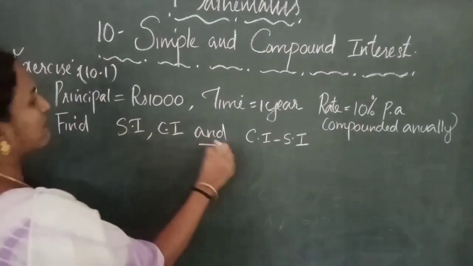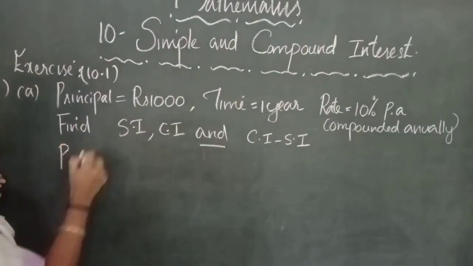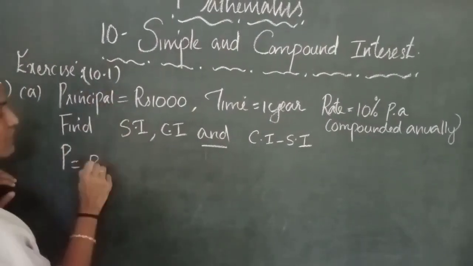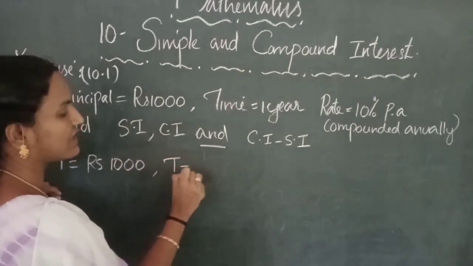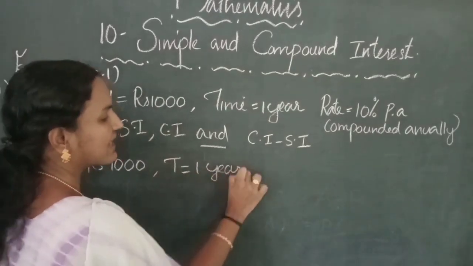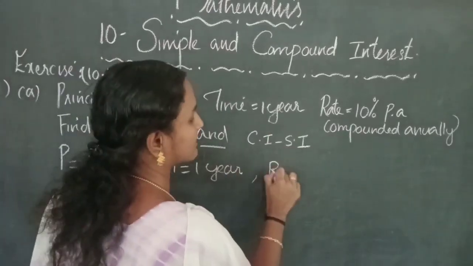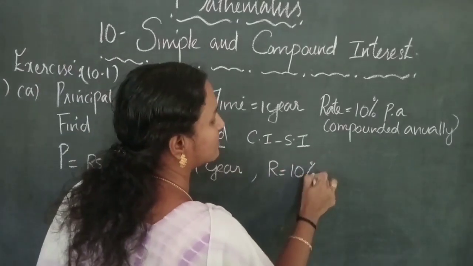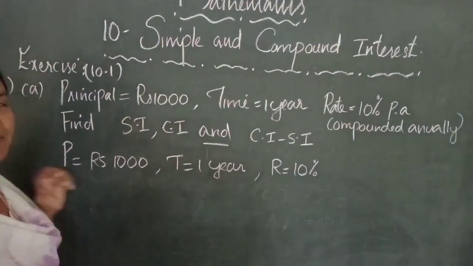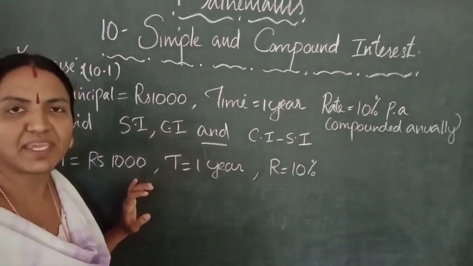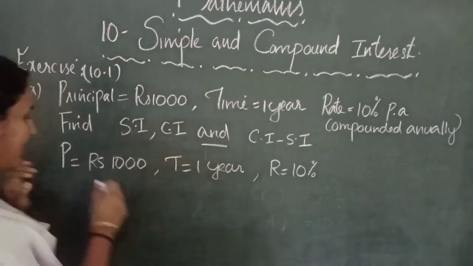Okay, what is given? Principal P is equal to rupees 1000, time T is equal to 1 year and rate of interest R is equal to 10%. Find simple interest. Simple interest is equal to PRT divided by 100.